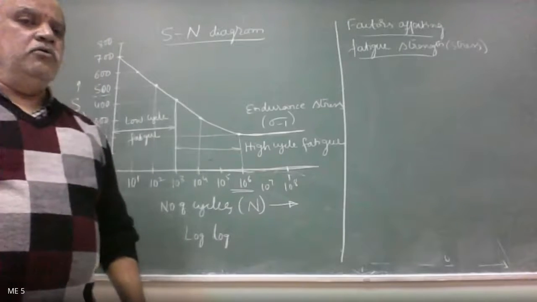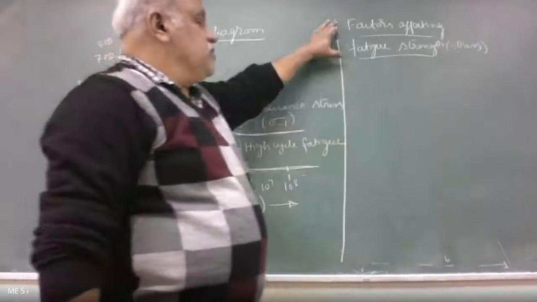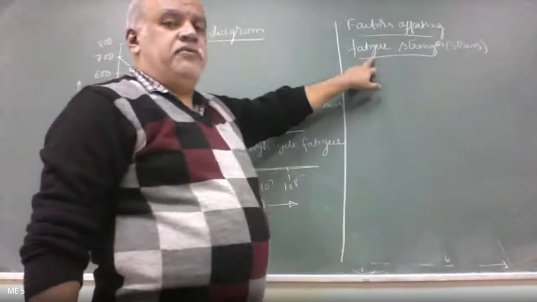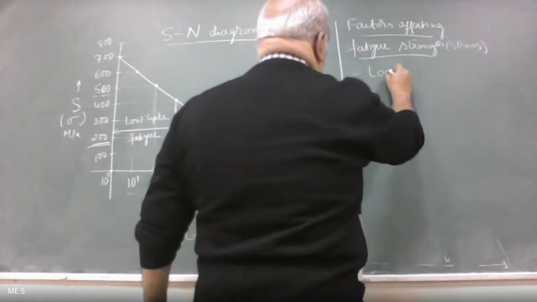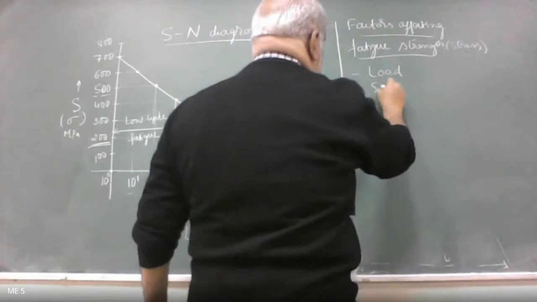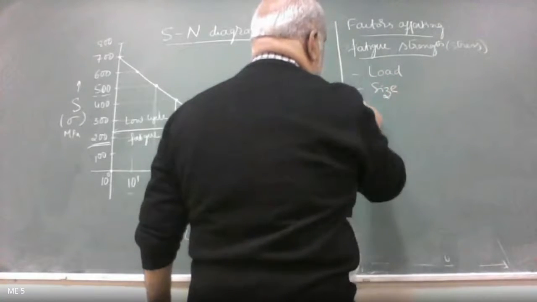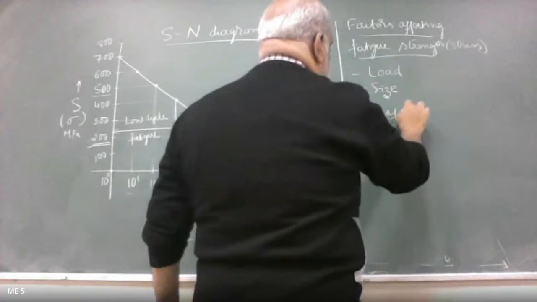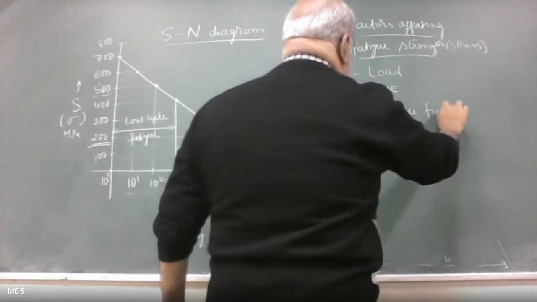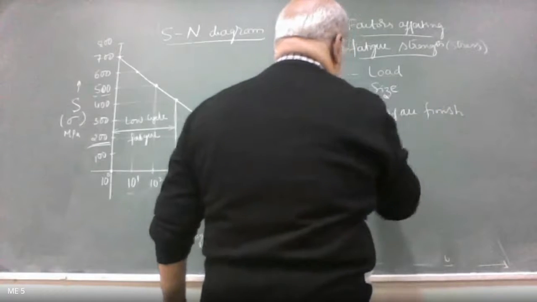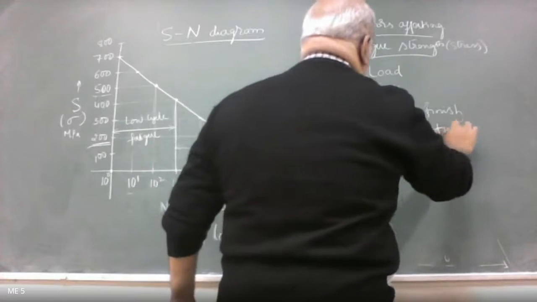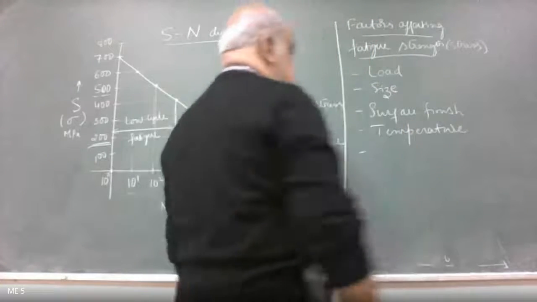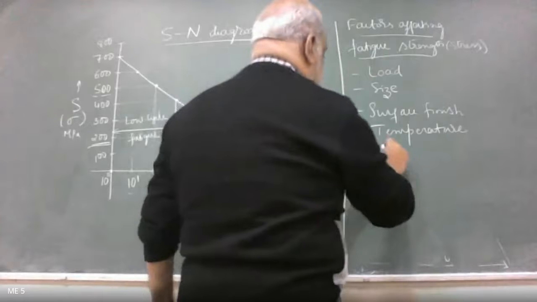Now, the factors which would affect the fatigue stress of a material are majorly the load factor, size factor, surface finish of the component, then temperature, then comes the stress concentration.